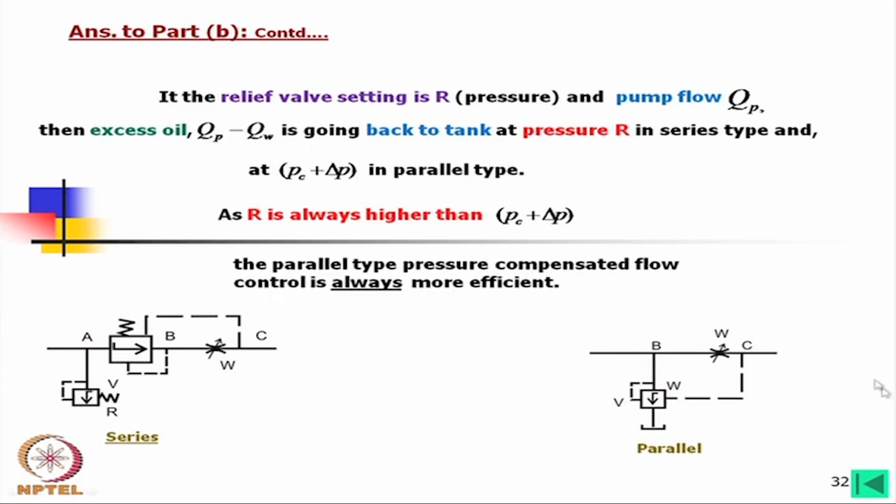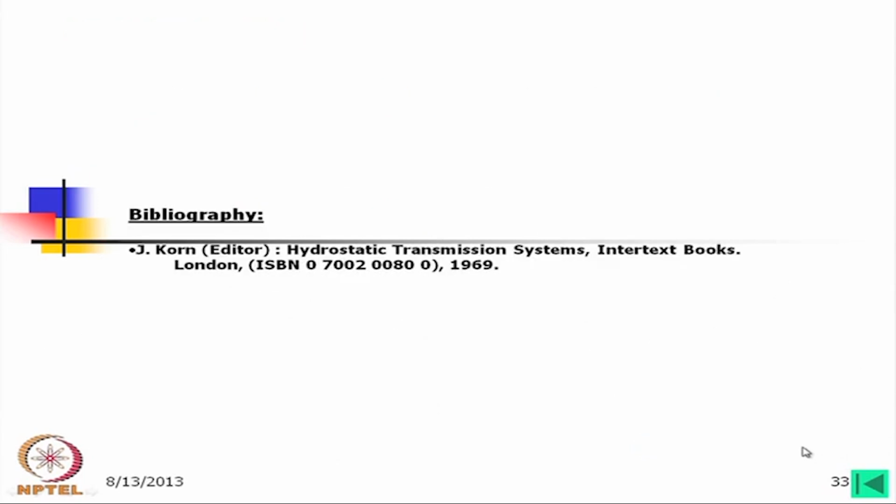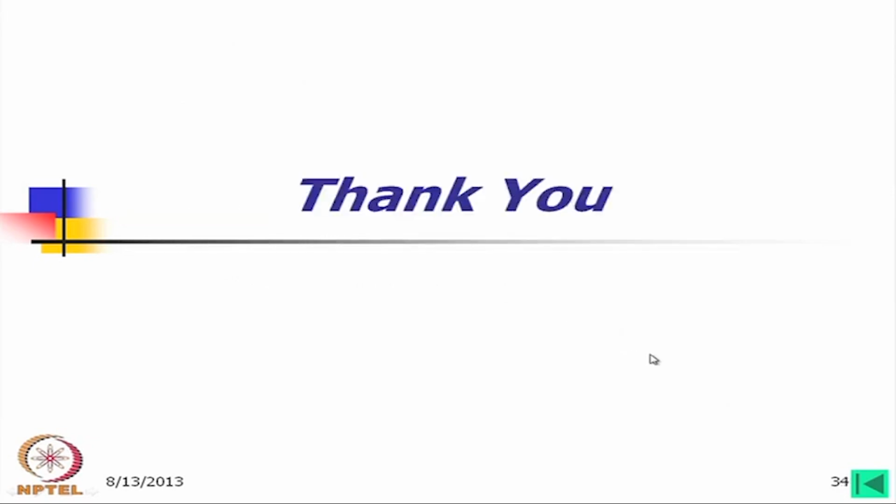The parallel type pressure compensation flow control is always more efficient. Now, for the valve configurations, you can follow this book. Thank you.